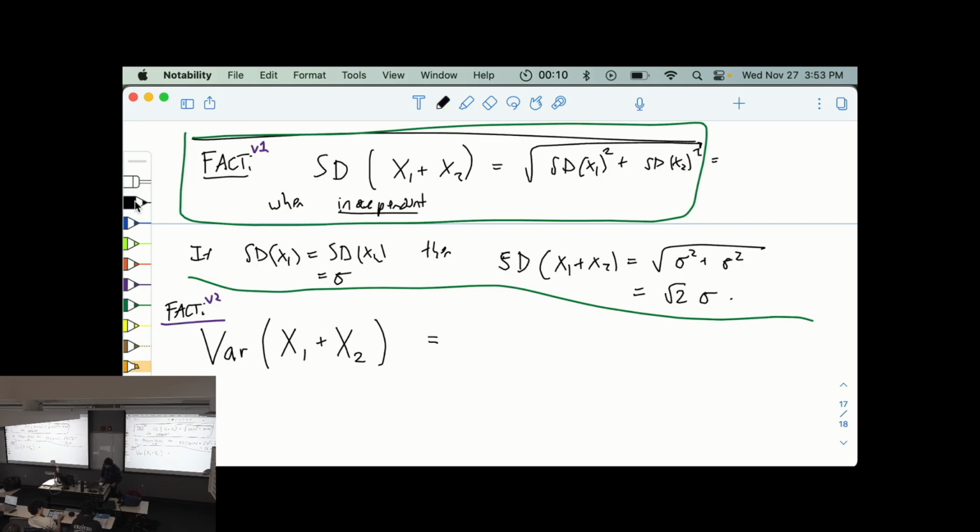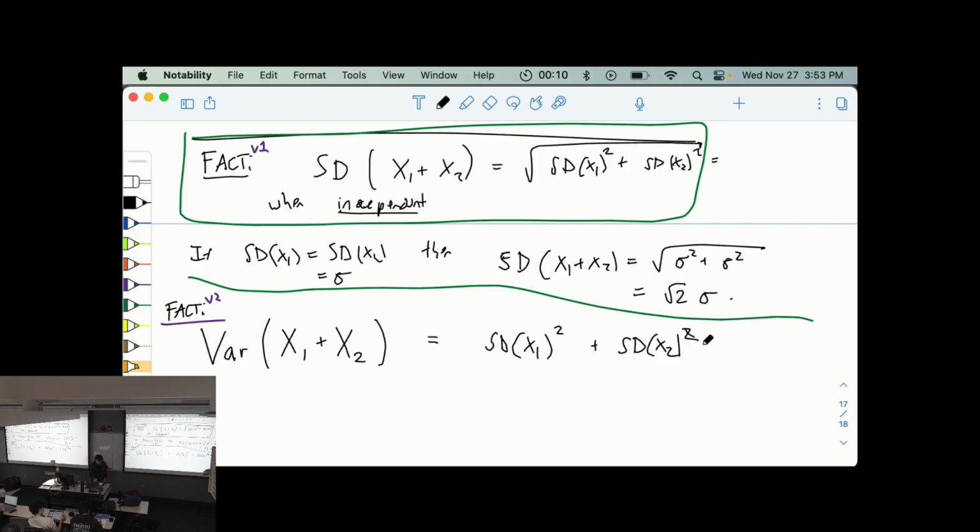And so to get the variance of x1 plus x2, you square the standard deviation. And so that would be this thing squared. That thing squared exactly undoes the other side. So it's the standard deviation of x1 squared plus the standard deviation of x2 squared. Okay, but the standard deviation squared has a name. It's the variance.